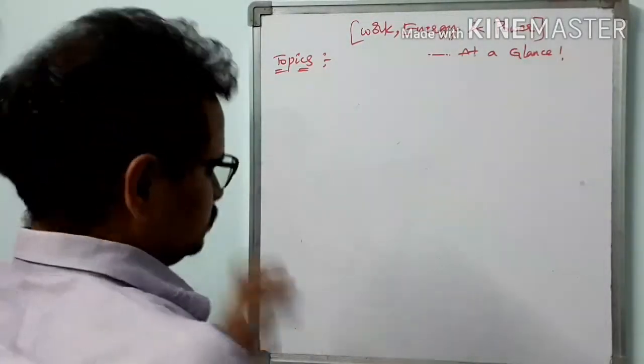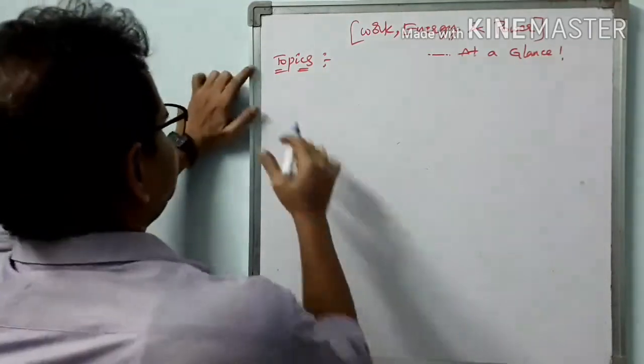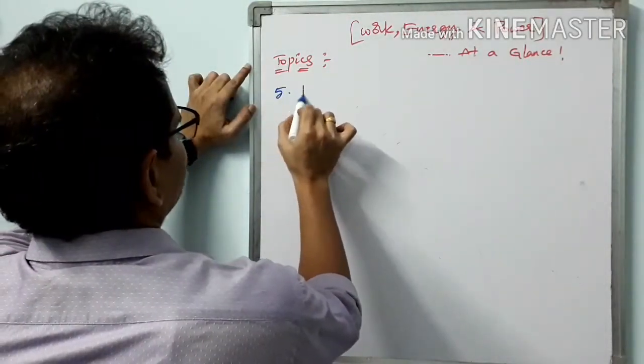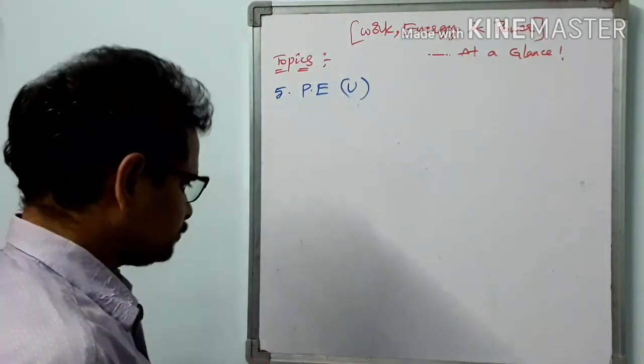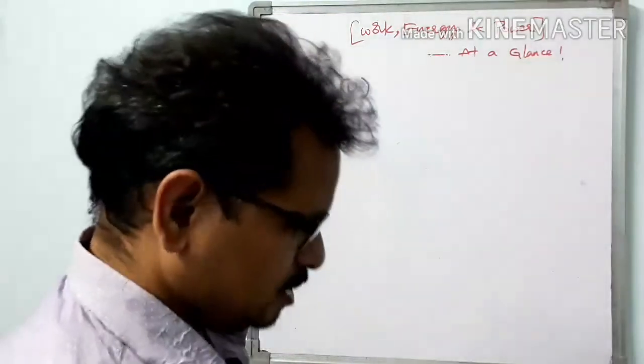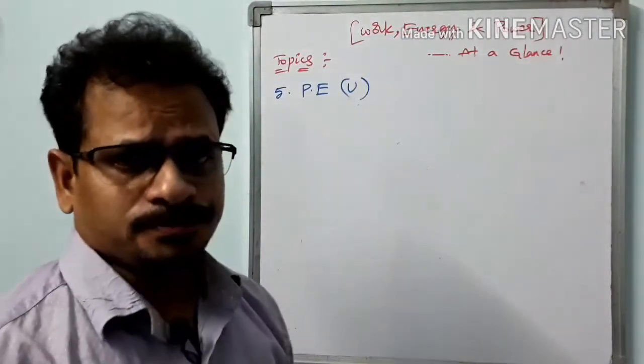So next one is number 5, potential energy. We symbolize it as U. So what is potential energy?